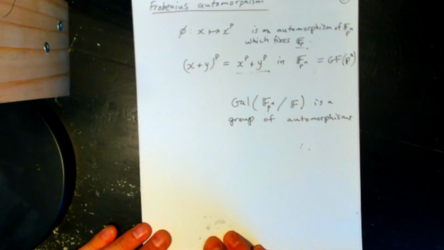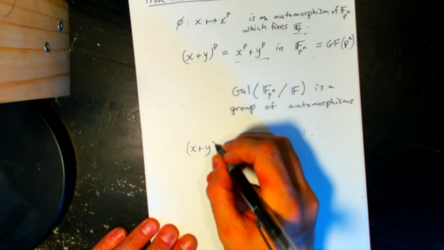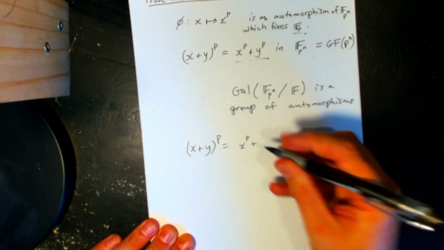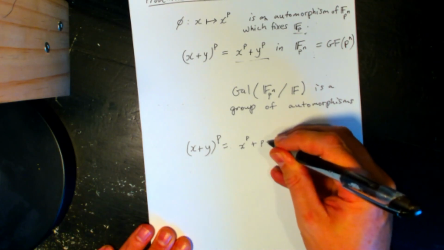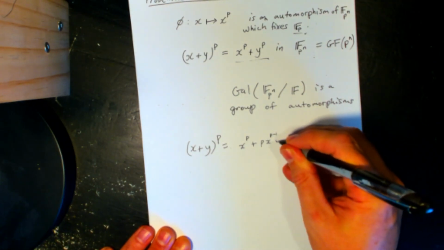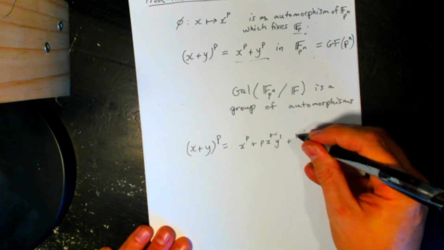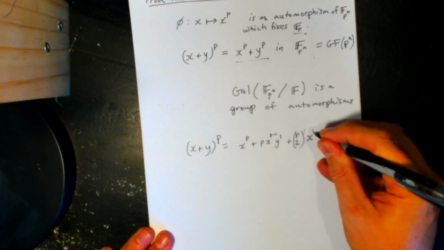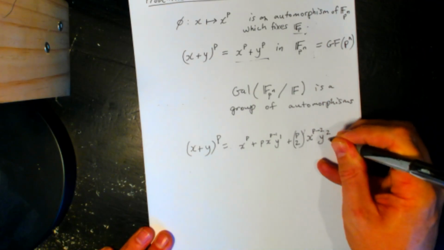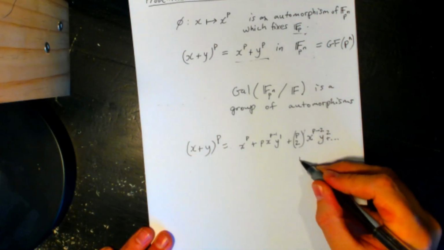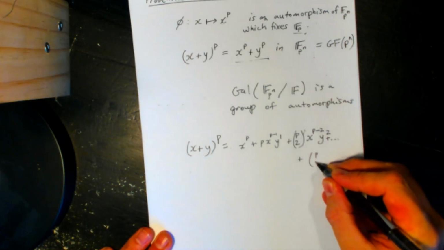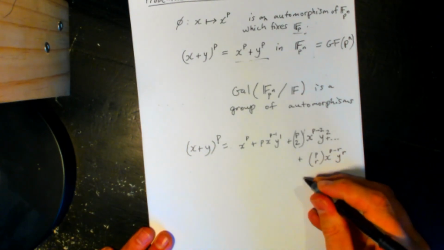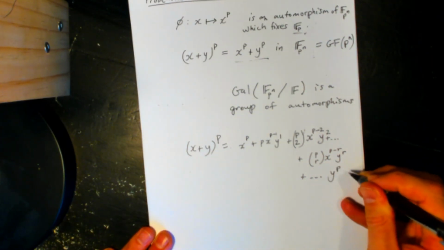Because when you expand this, this is equal to x to the power of p, plus p x to the power of p minus 1 y to the 1, and then you have binomial p choose 2 times x to the power of p minus 2 times y to the power of 2, and so on. We have p choose r, x to the power of p minus r, y to the power of r, and then plus dot dot dot. The last one is y to the power of p.